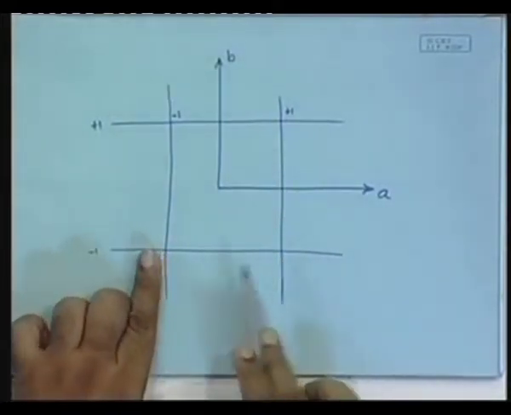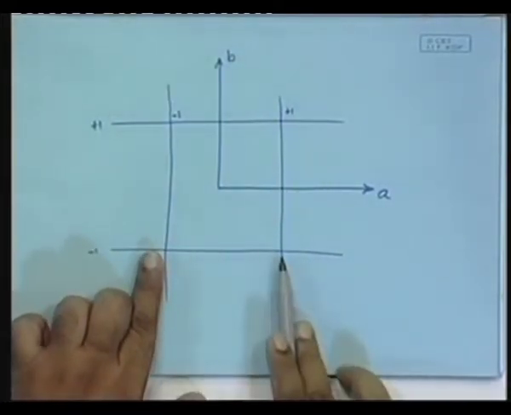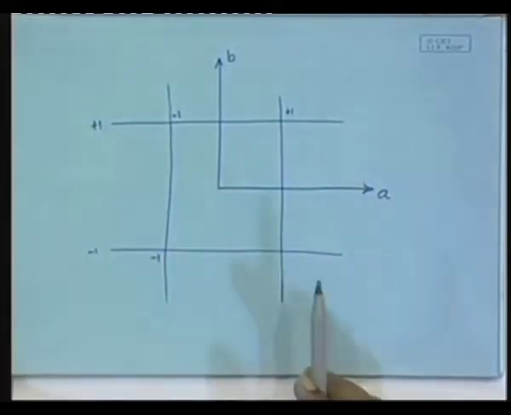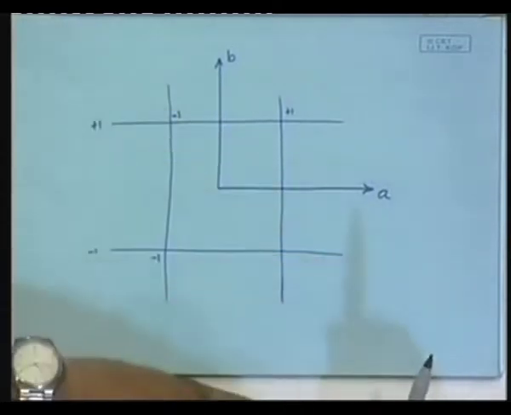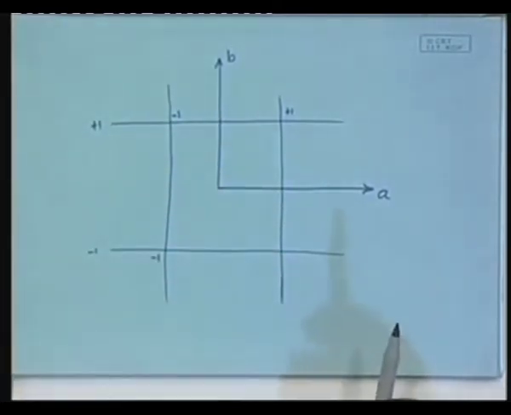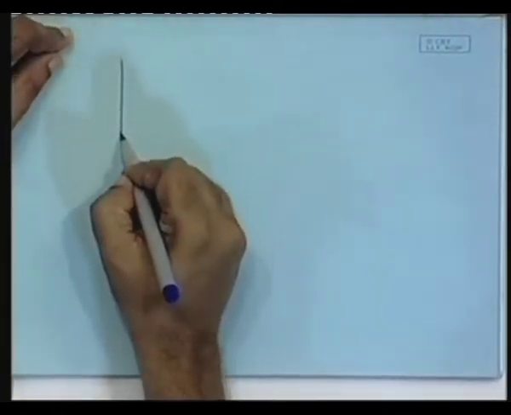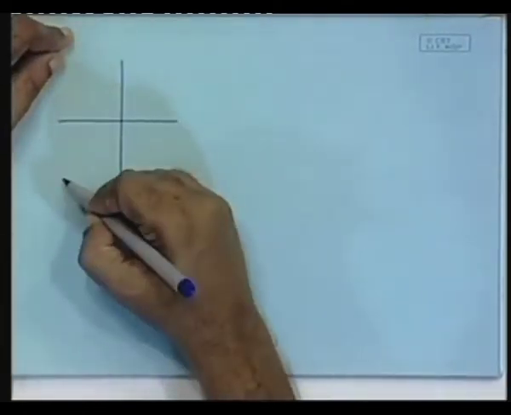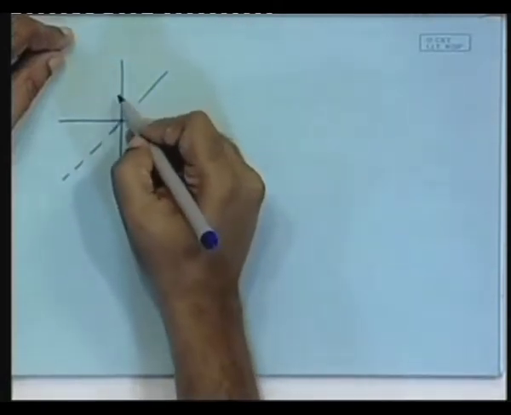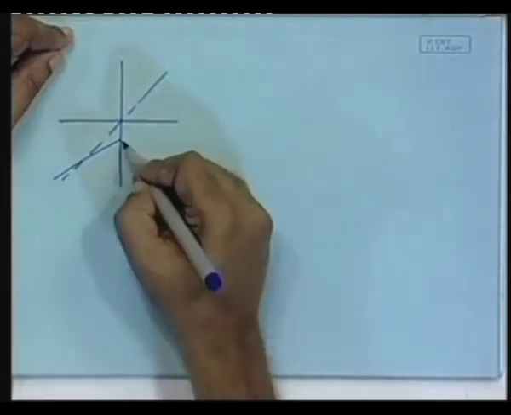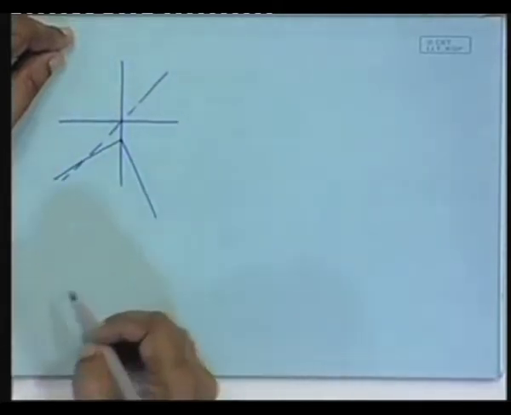So, A being between -1 and +1 means that the slope in the left hand side is less than 1 in magnitude and that in the right hand side is less than -1. A situation something like this. In this side the slope is less than 1, in this side it is less than -1.